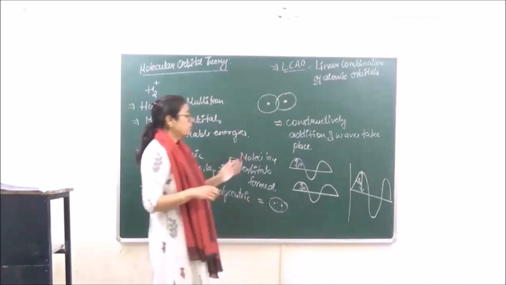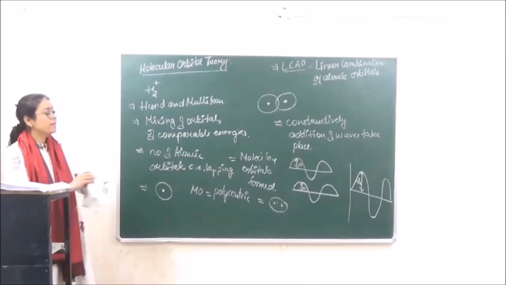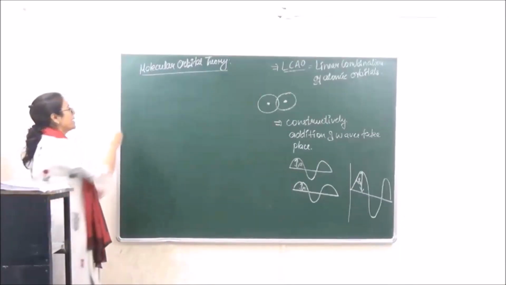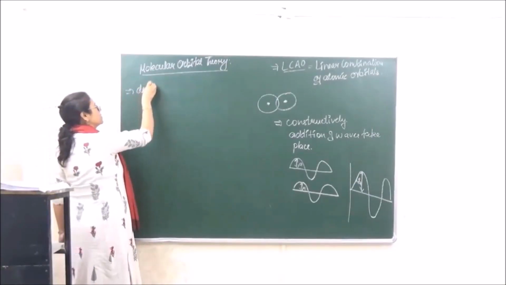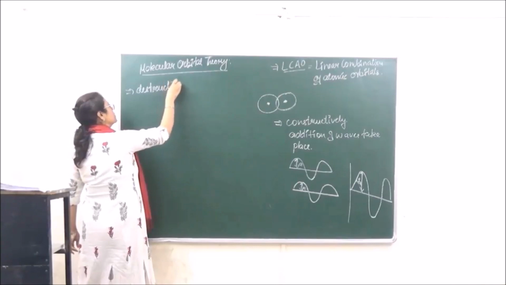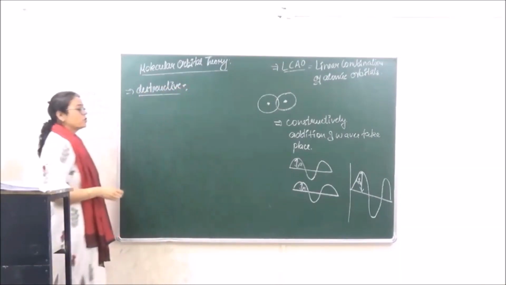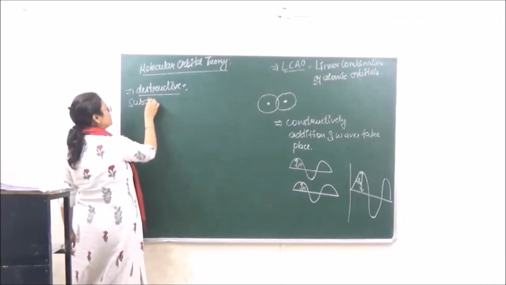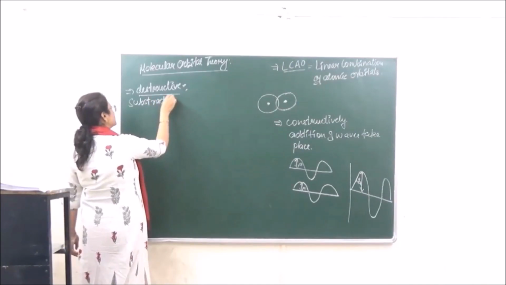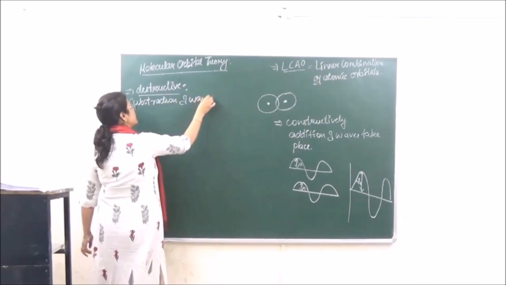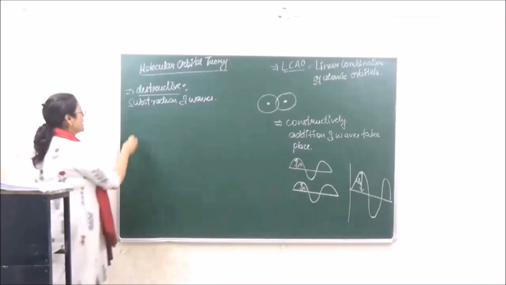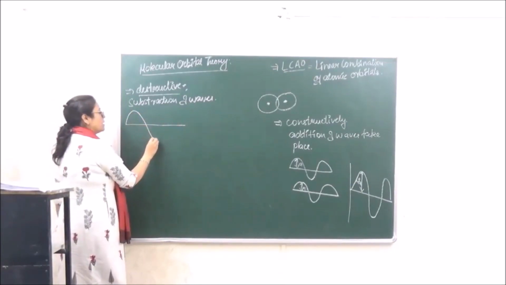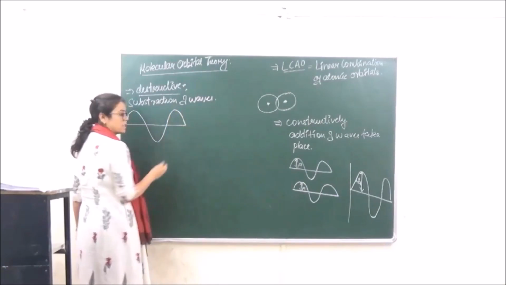ठीक है. But when we are going to talk of destructive, the second way of combination is destructive interference of waves. So second हमारे पास क्या आ रहा है? We are getting destructive interference of waves. In this case, subtraction of amplitude is going to take place, or we can say subtraction of waves is taking place over here. ठीक है. So अगर हमारे पास the first wave has the first portion as the crest.